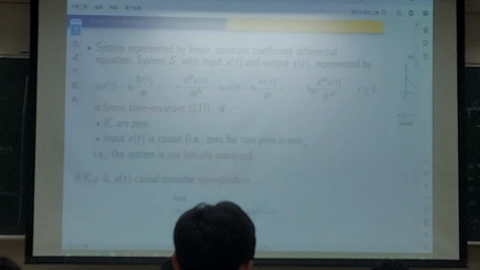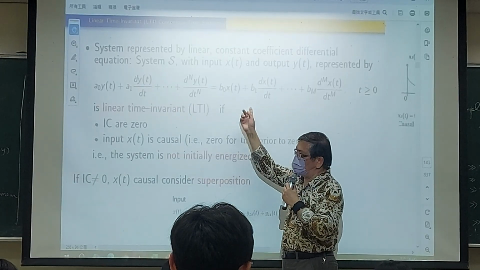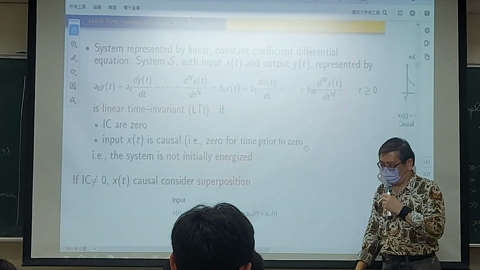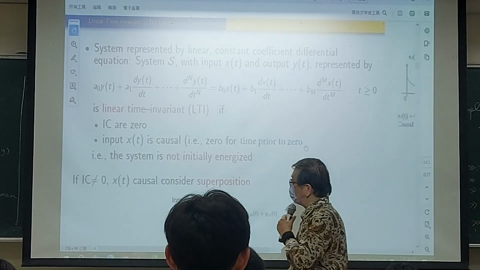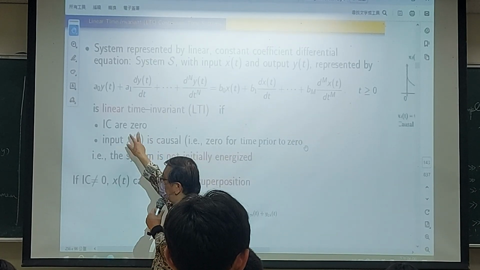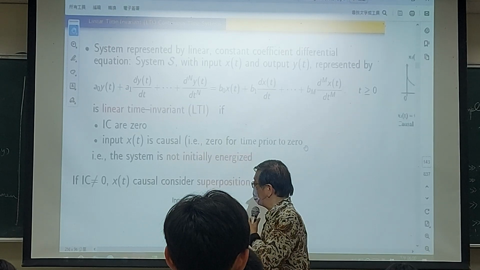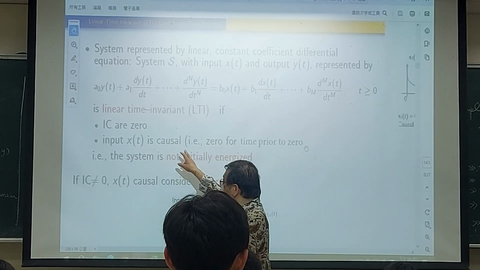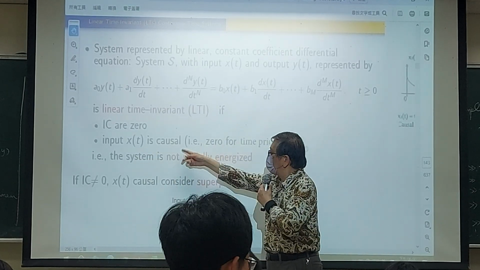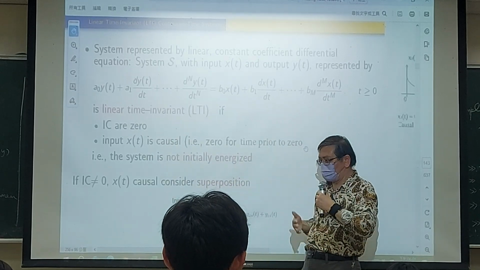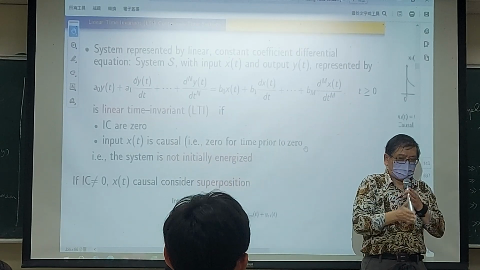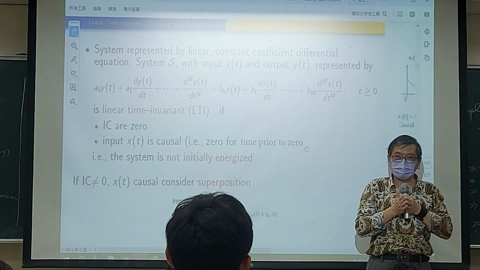This type of system, we call that a linear time invariant system. It is time invariant if the initial conditions are 0. If x of t, the input signal, is 0 for the time prior to 0, because we assume 0 is the initial time for the system.